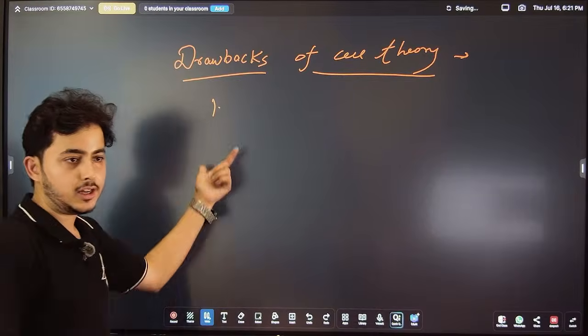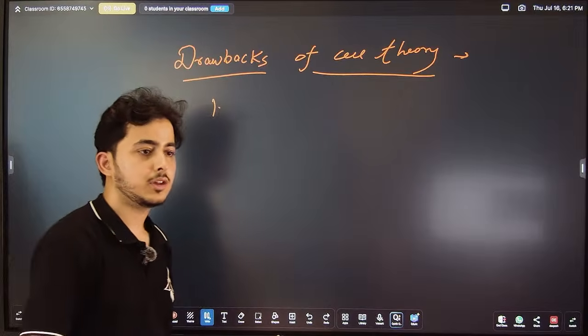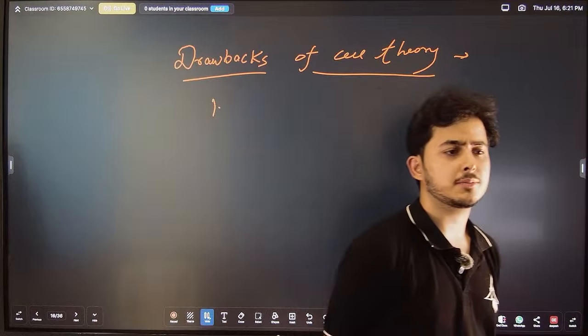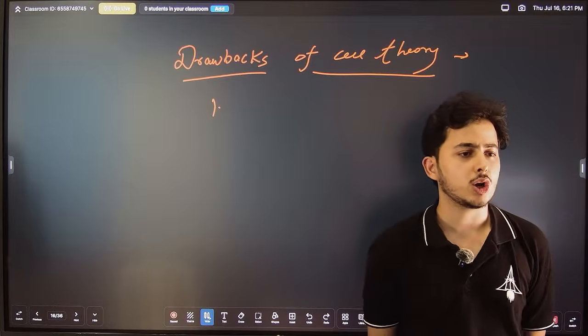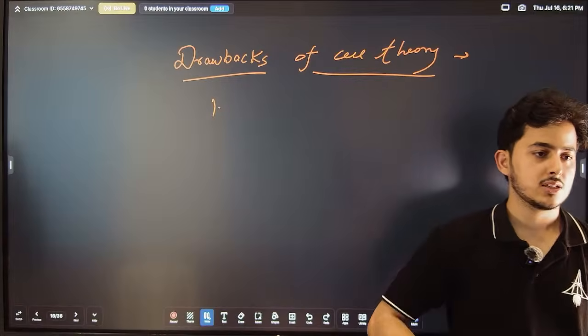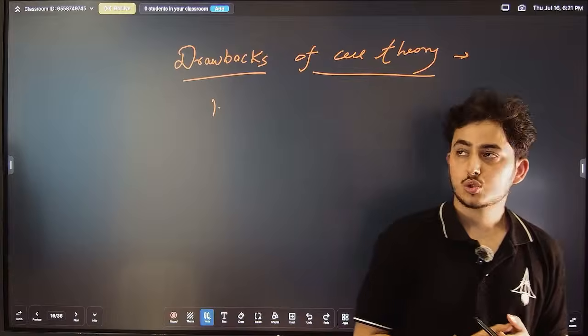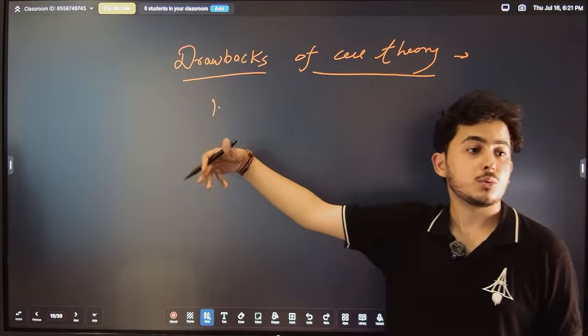Can you tell any one of the drawbacks that you have understood till now? What does the cell theory not explain? It explains a lot of things. It says that all living organisms, if you define a living organism as something that has consciousness and can respond to external stimuli, are composed of cells.